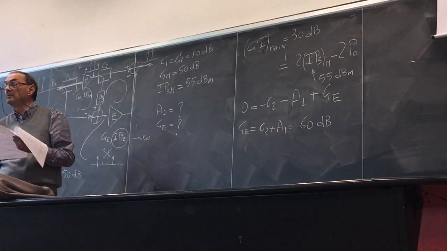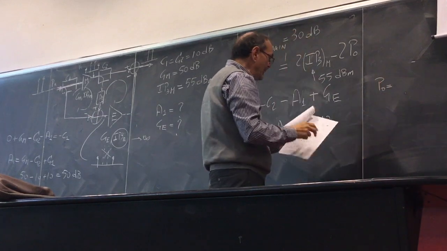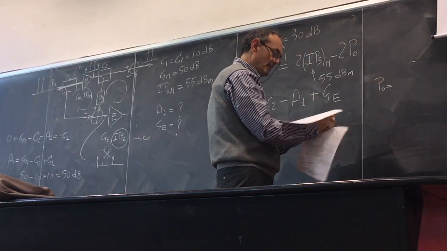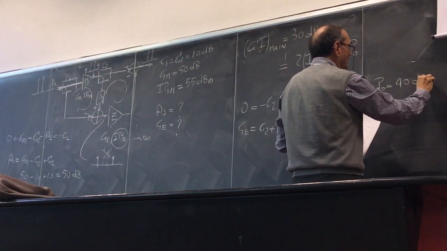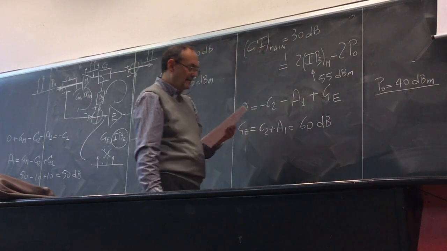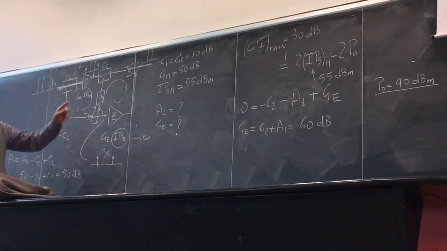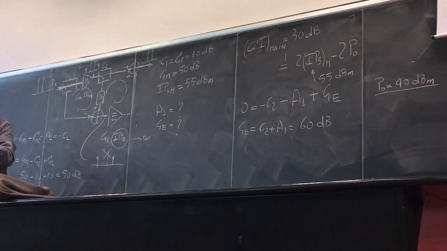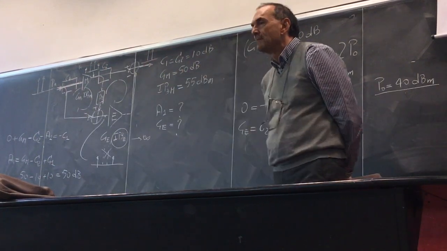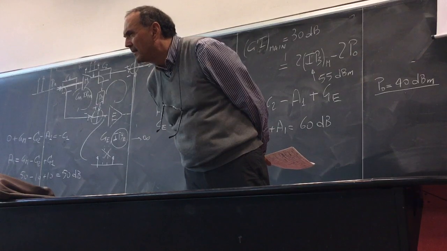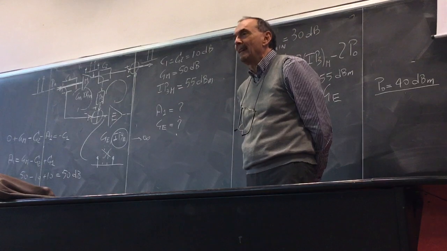It is the power per tone. The power per tone at the output of the main amplifier is given by 40 dBm. But at this point, we know also what is the power in the intermodulation line. What is the power in each intermodulation line? There is a very trivial way.